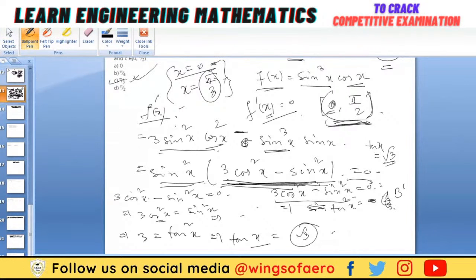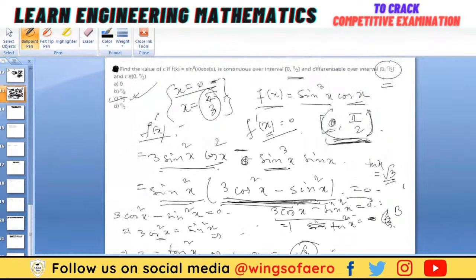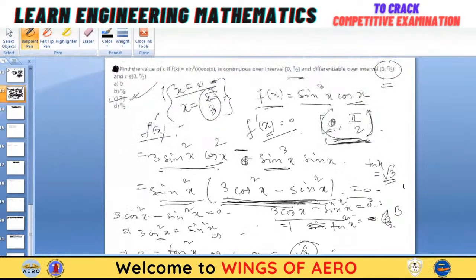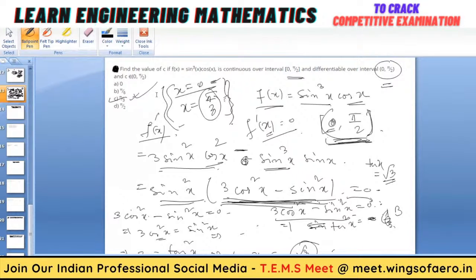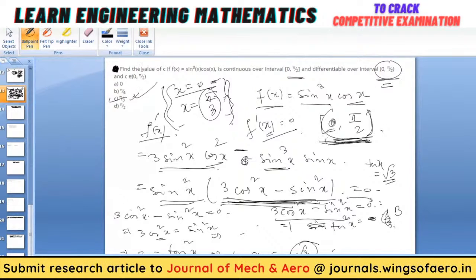So this is how you have to follow Rolle's theorem. Remember, there is more than one point in an interval for which the derivative becomes 0, but you have to choose the ones which lie in the given interval, 0 to pi by 2.